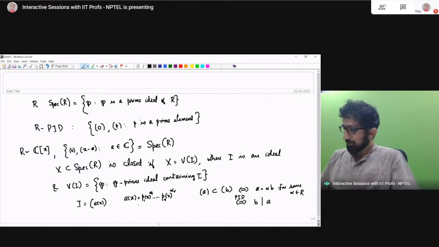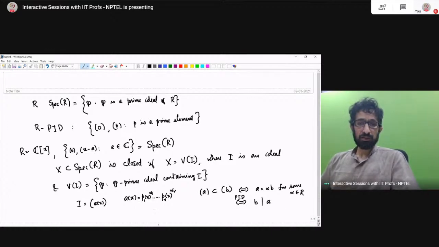Now, let's come back to our situation. What are the ideals containing I? Using this, they are nothing but the factors of A(x). But now we are looking not at any ideal, but at prime ideals containing it.